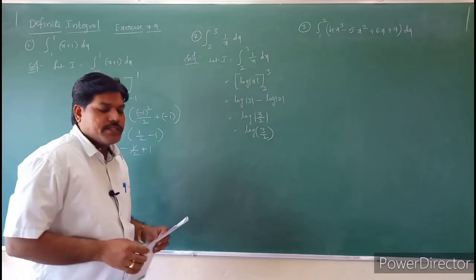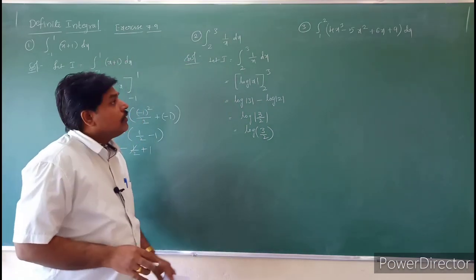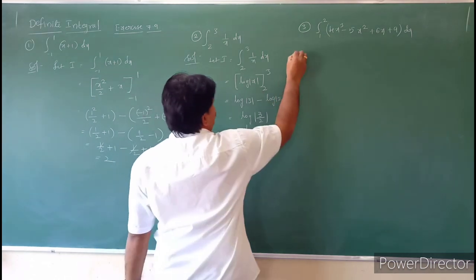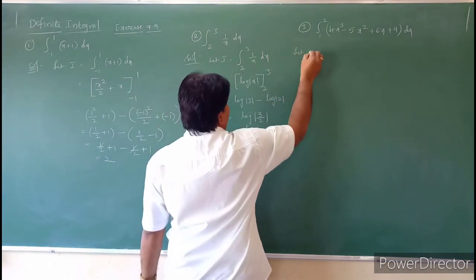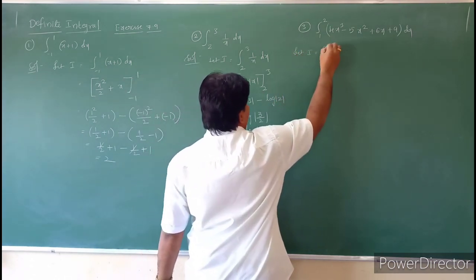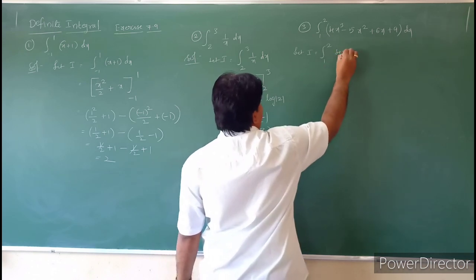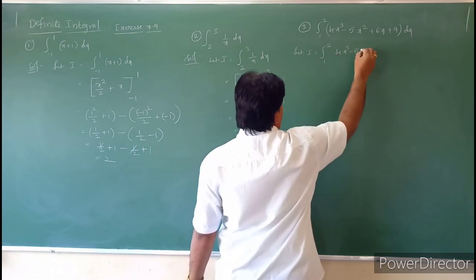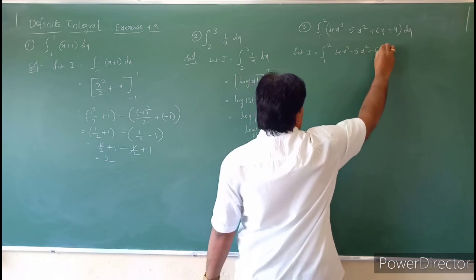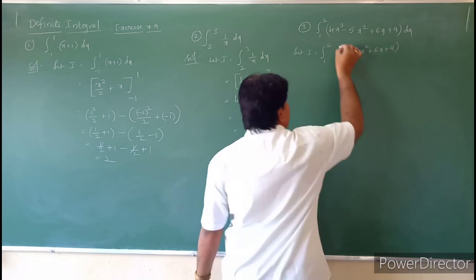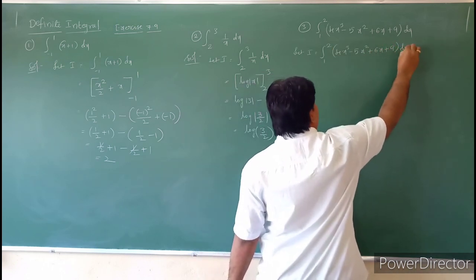So see that question, students. First we will take, let I is equal to integral 1 to 2 of 4x cube minus 5x square plus 6x plus 9 into dx.